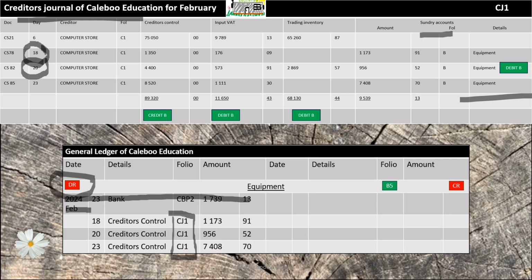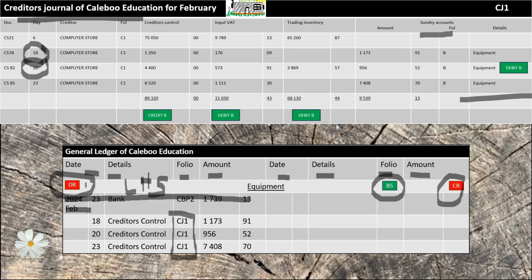Remember, the left hand side of the general ledger is known as the debit side. The right hand side is known as the credit side. There are column headings for date, details, folio and amount on both sides. Date, details, folio, amount. And I just showed you where you get this reference from.